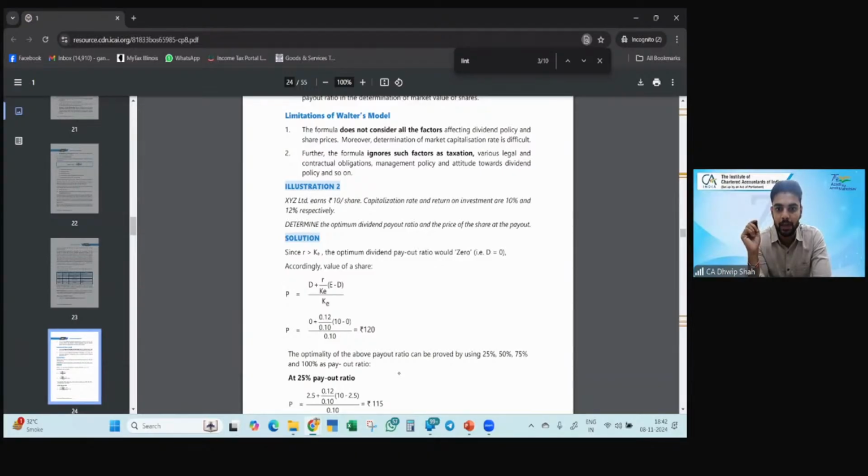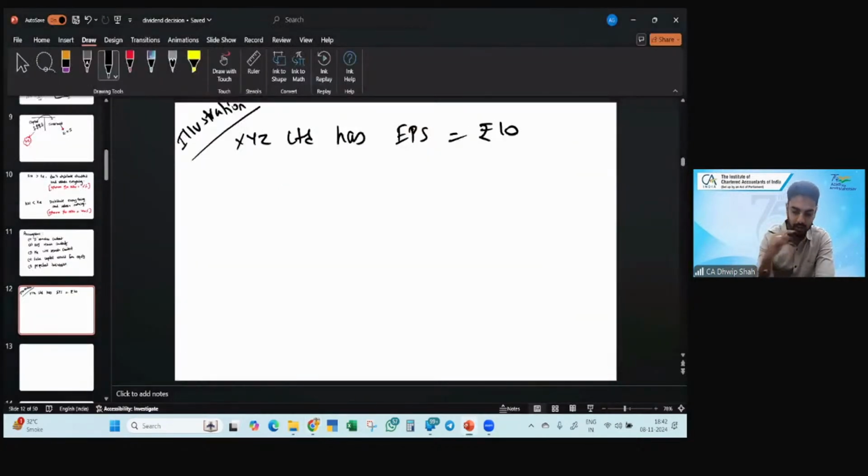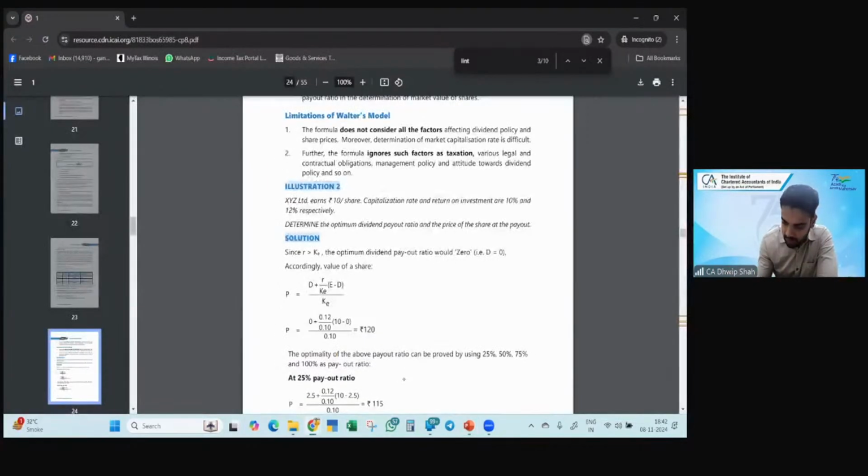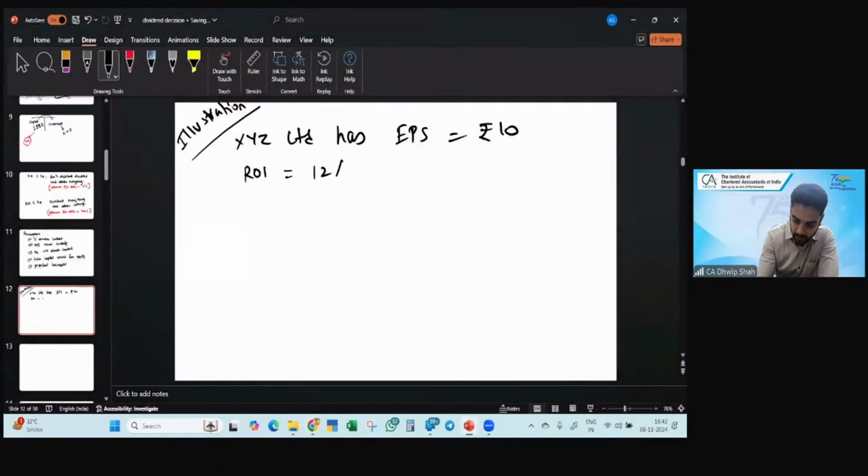Determine the optimum payout ratio and the price of the share at that payout ratio. So ROI is 12% and KE is 10%. Now they have asked the optimum payout ratio.